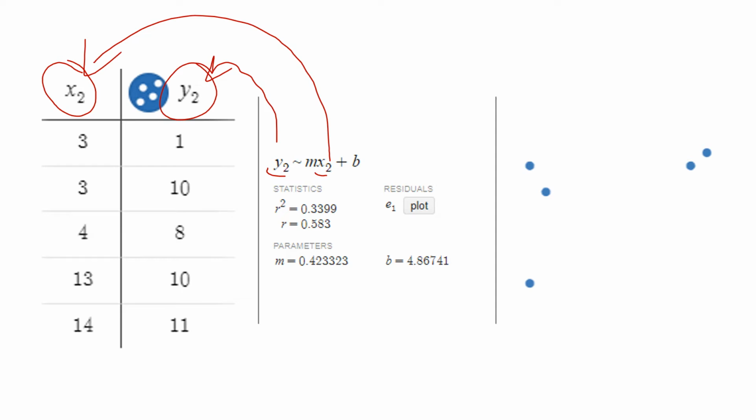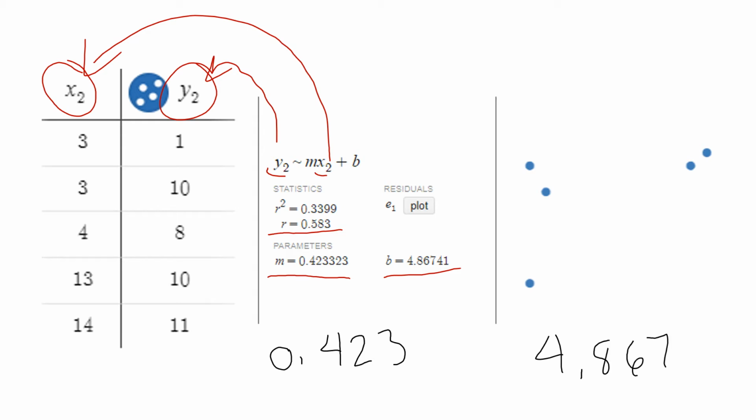All right. M represents my slope, B is my y-intercept, and R is my correlation. So again, we round to the nearest thousandth, so my slope should be 0.423. That's my slope. And then my y-intercept is 4.867.